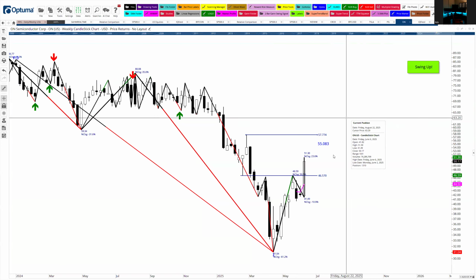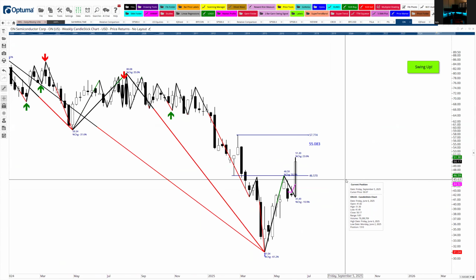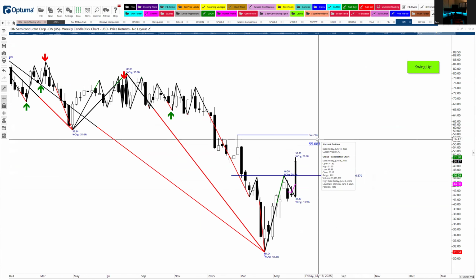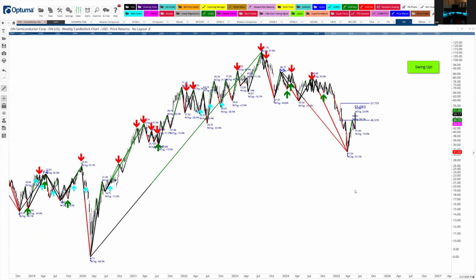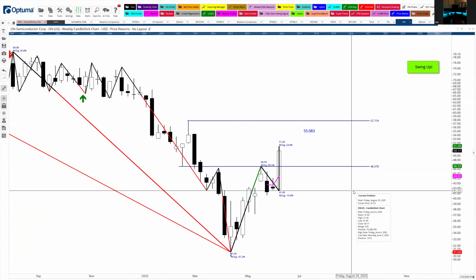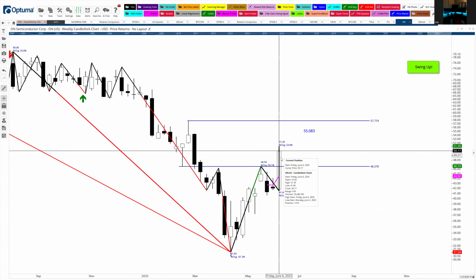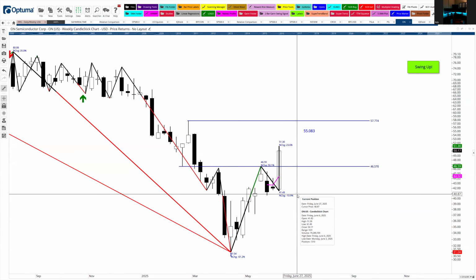Let's see. I don't even know this ticker. It's like a switch on and off. That's a very sharp weekly bar.